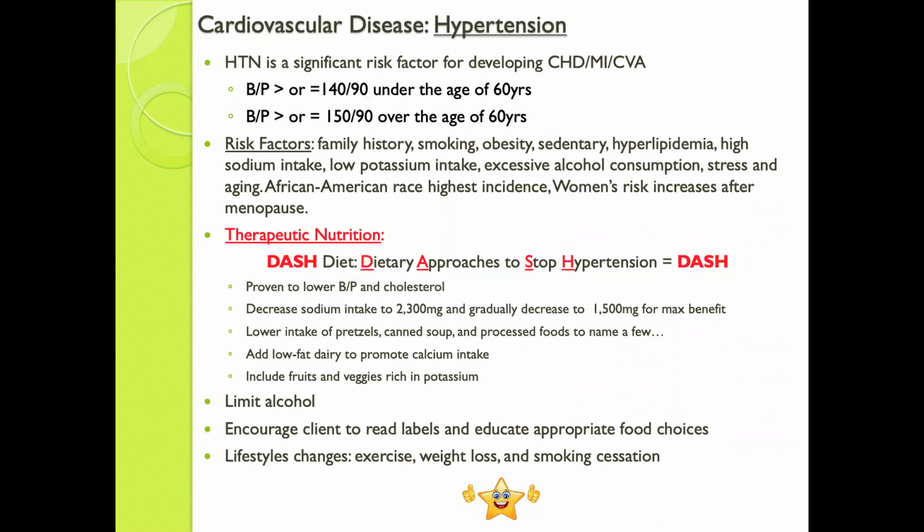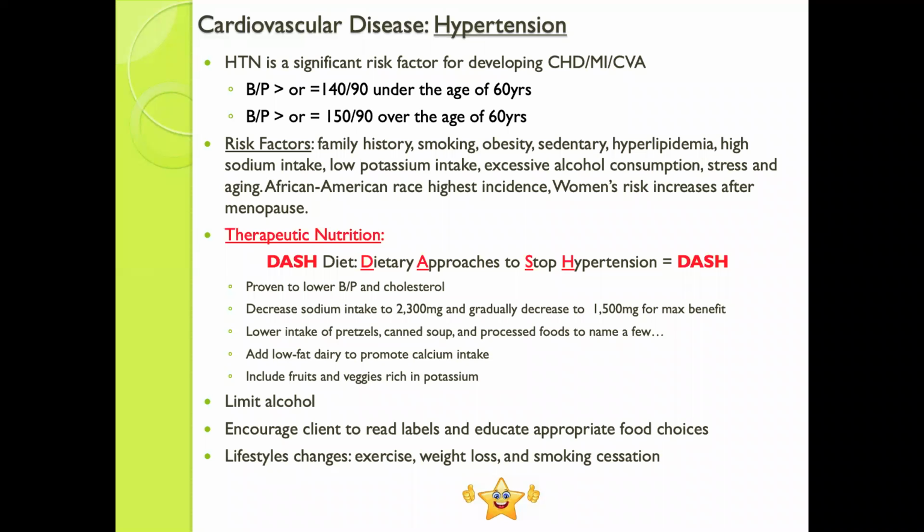So it's a risk factor for developing coronary heart disease, myocardial infarction, or cardiovascular disease, right? Blood pressure 140 over 90 under the age of 60, and 150 over 90 over the age of 60. Okay, the risk here again is congestive heart failure, right?